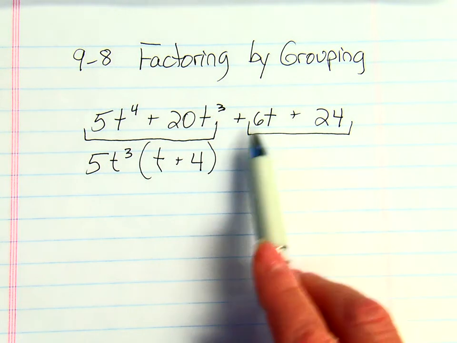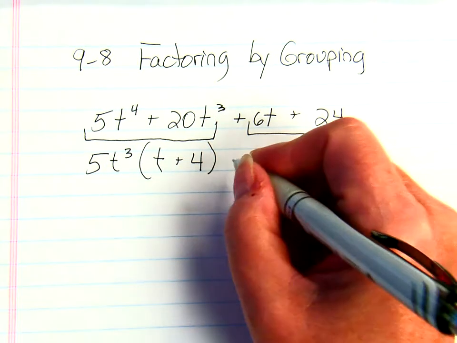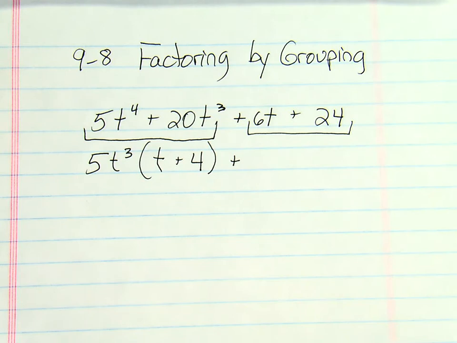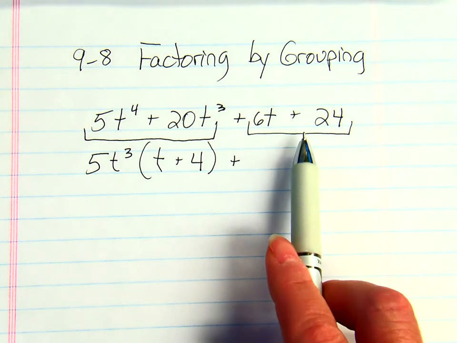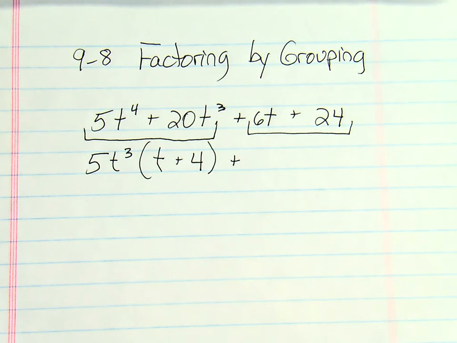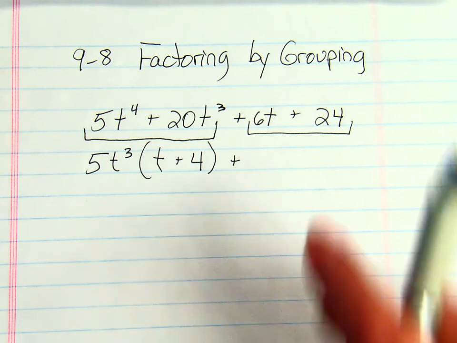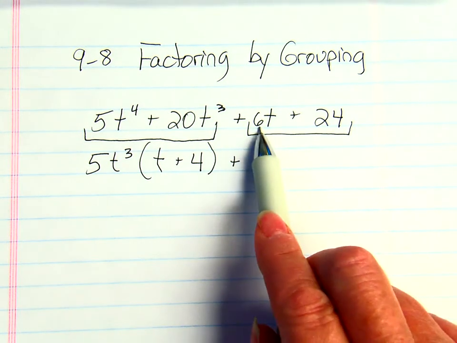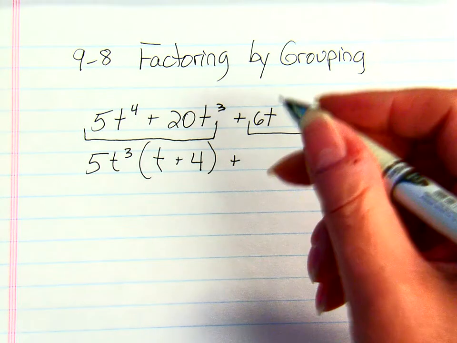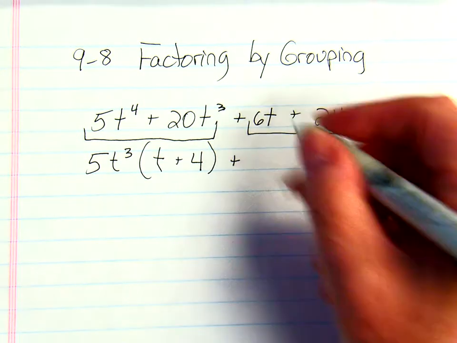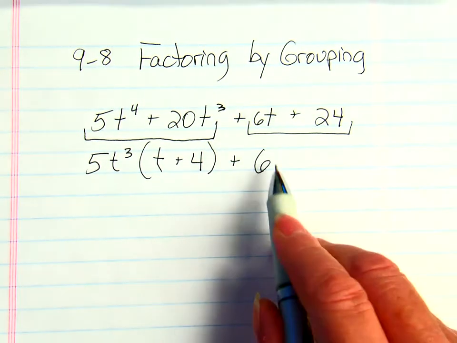Now, we're looking at all positives here, so I'm going to put an addition sign. And now I'm going to factor this binomial. I'm going to once again pull out just a monomial out of that. Now, I have 6 and 24, which means that I have in common a factor of 6.